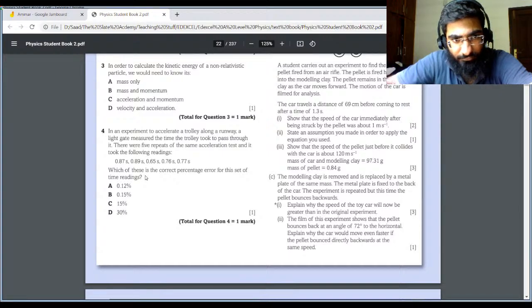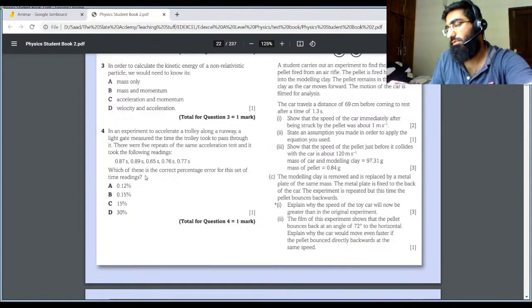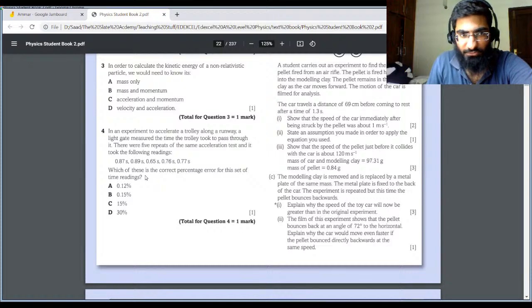Sir, can you use the calculator? Yes, please. 0.87 plus 0.89 plus 0.76 plus 0.69 plus 0.65 and then plus 0.77, divided by 5.